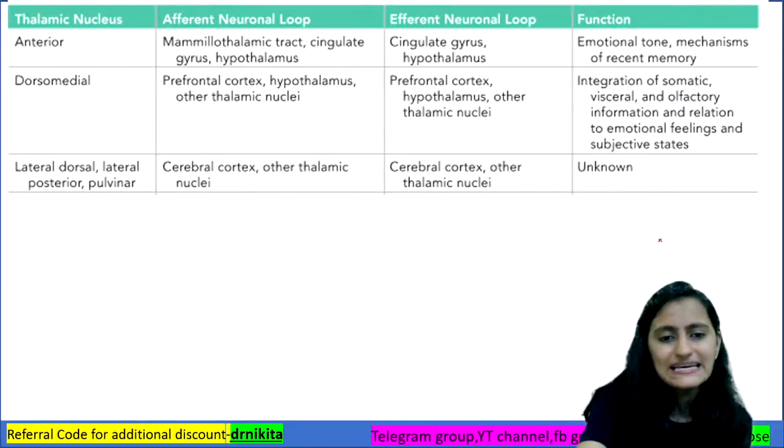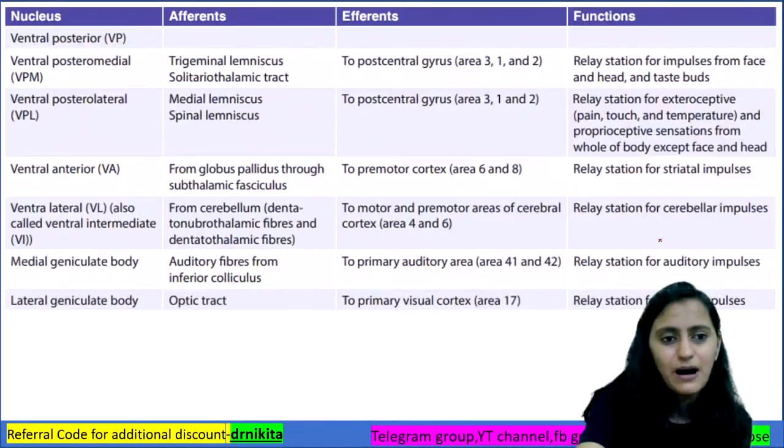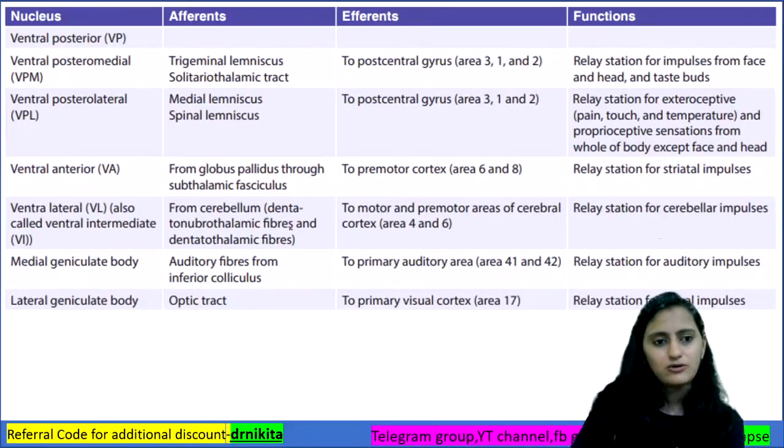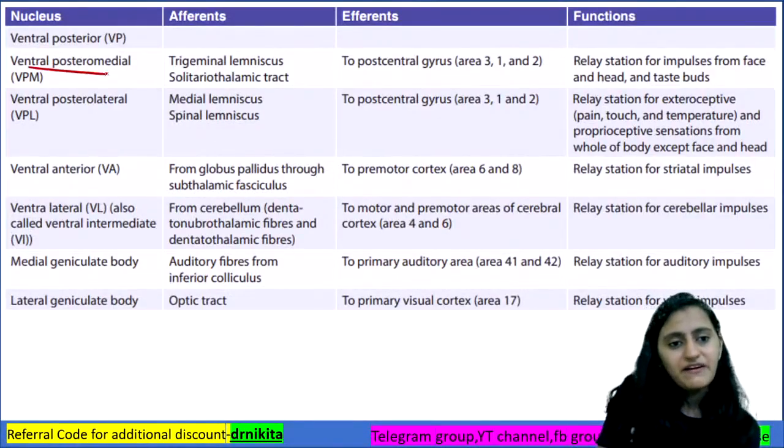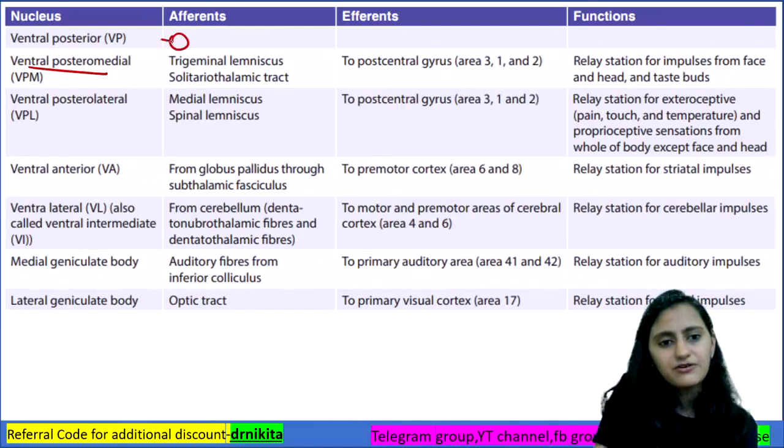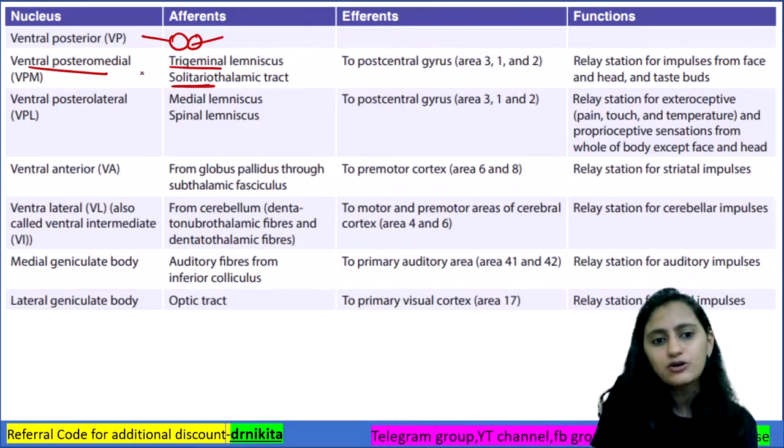So let us quickly revise what we saw about the tracts. The most important ones that we saw here, ventral posteromedial, so it is trigeminal and solitarius, matlab taste. Ventral posterolateral is medial lemniscus and spinal lemniscus.